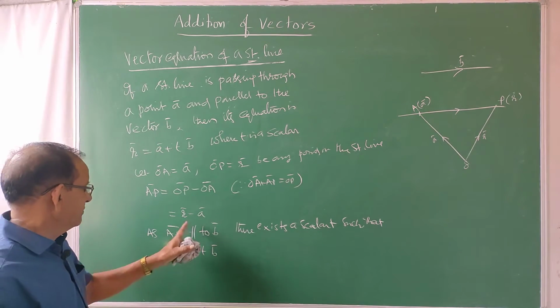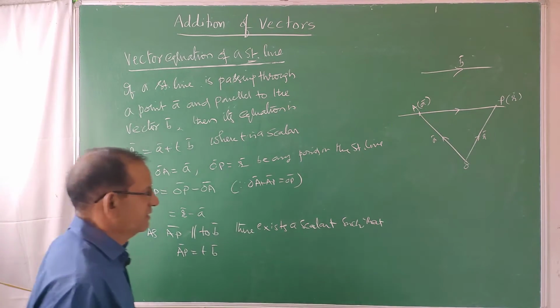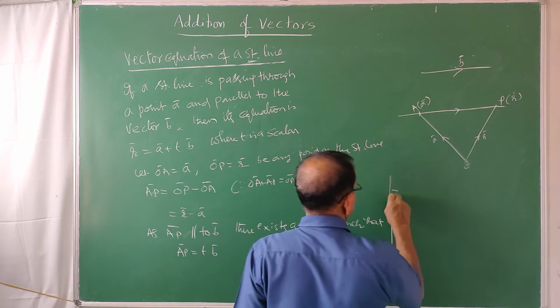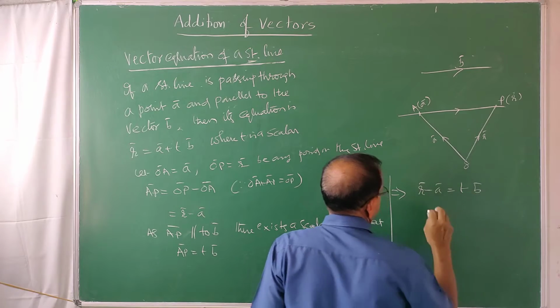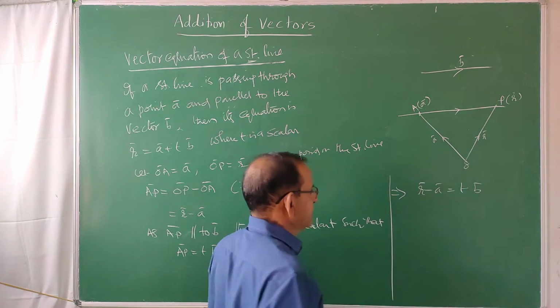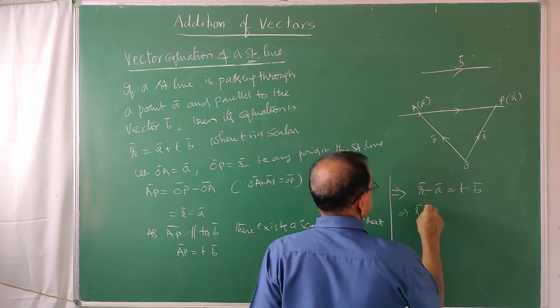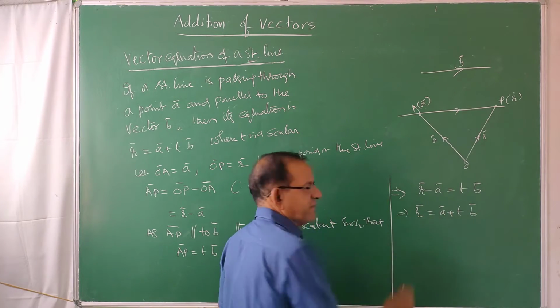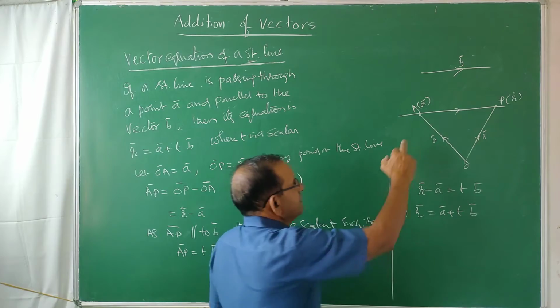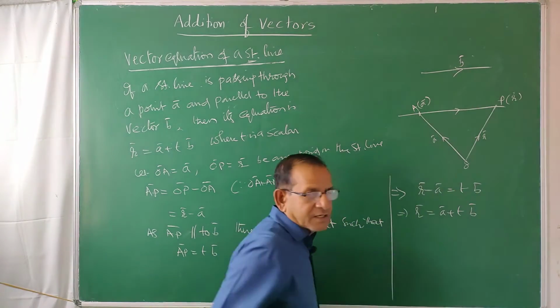But what is AP bar? R bar minus A bar. That implies R bar minus A bar is equal to t into B bar. Now bring A bar to the right side. That implies R bar is equal to A bar plus t into B bar. So this is the vector equation of the straight line passing through A and parallel to the vector B bar.